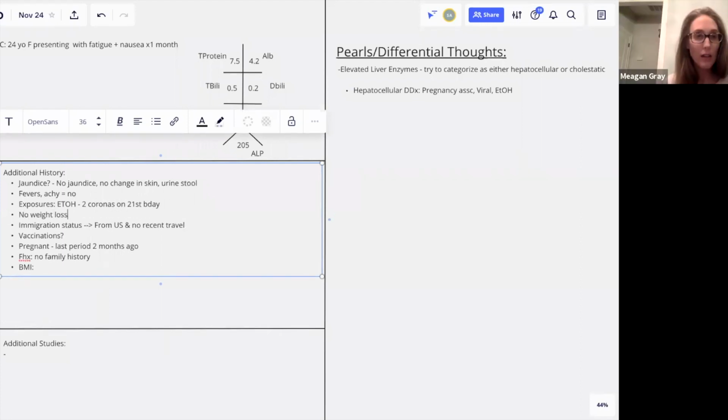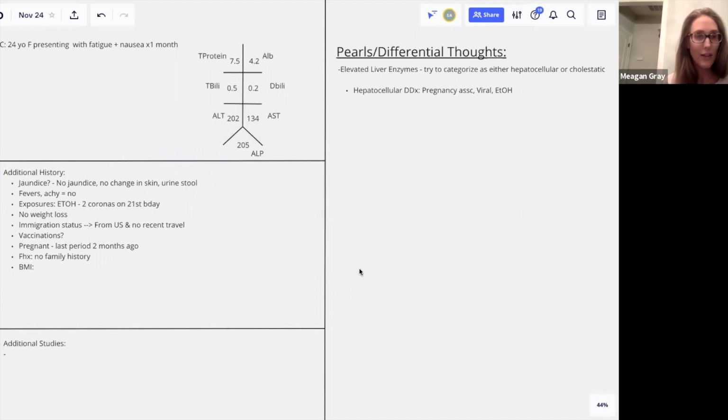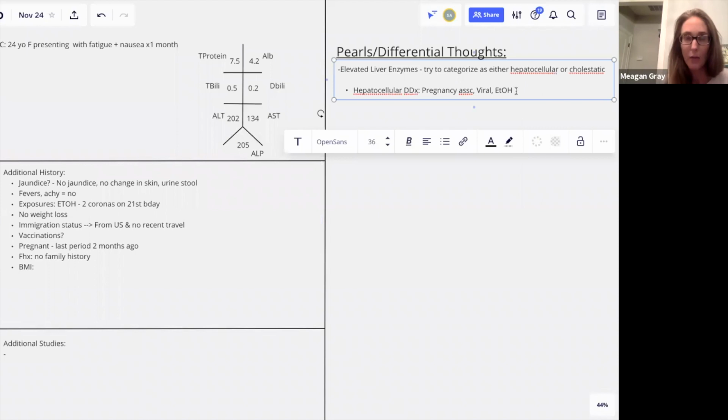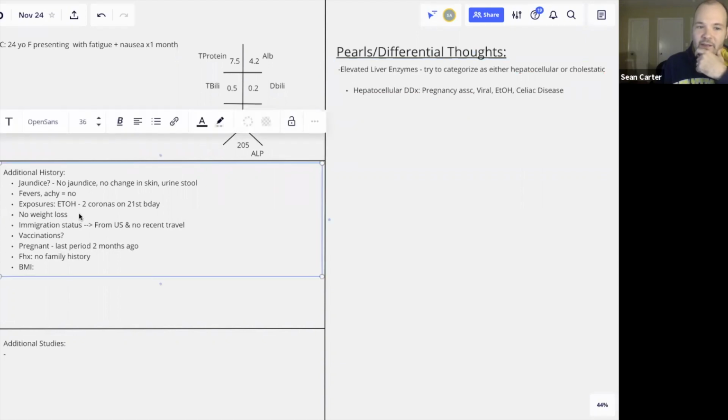I just lost my train of thought, but I guess nutritional deficiencies, thinking about her being tired, celiac disease can cause abnormal liver tests. So if she's been losing weight. Okay, she hasn't had any weight loss. And I remember earlier you asked if she had had any diarrhea. She hasn't had any diarrhea either.